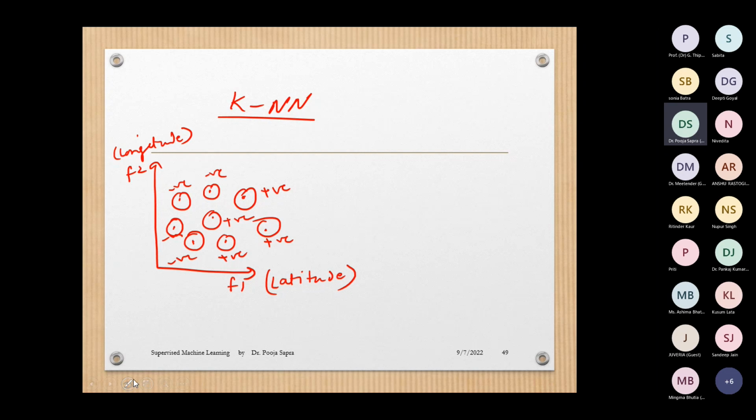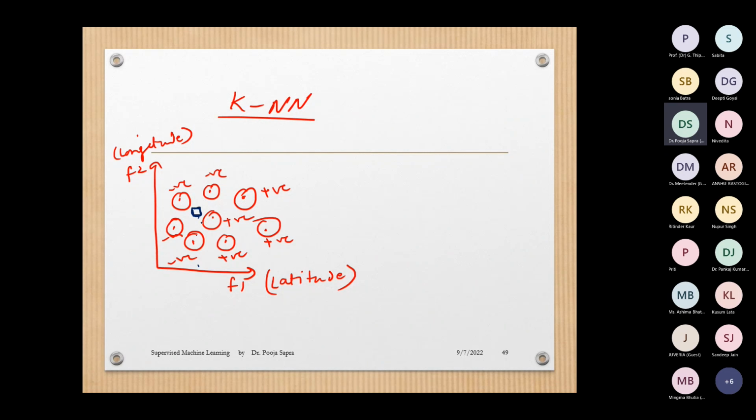Now, suppose a person comes into this locality with this latitude and longitude, and we are required to check the probability of this person being positive or negative in a few hours, right? Because it is a communicable disease, right? We can check the probability based on the nearest neighbors, right?